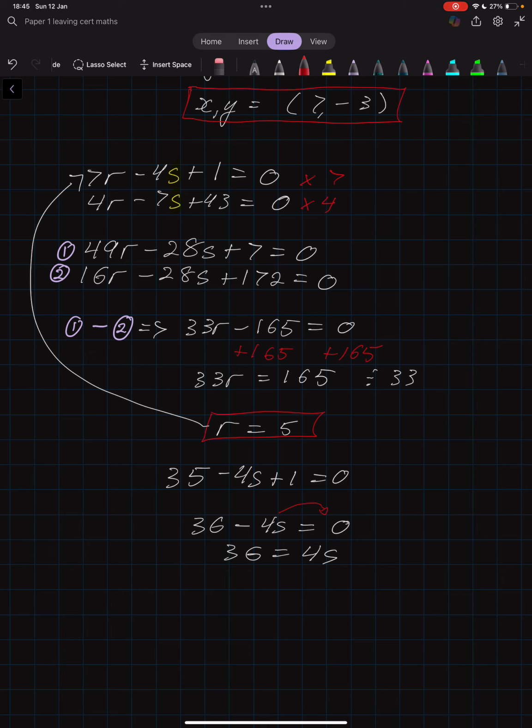So whenever you bring something across an equal to sign, it changes sign, which you can see here when I was adding 165 to both sides. In this case, it cancels, but at the same time, it has the effect of just saying you can bring the minus 165 across the equal to sign and it becomes plus. Which is what happens here.